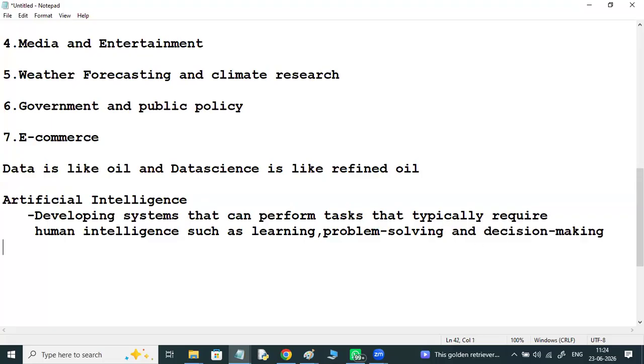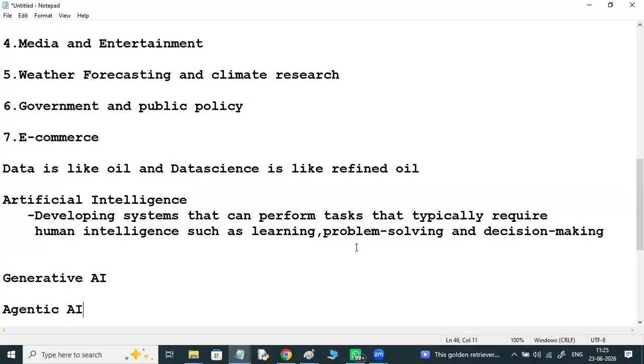So if I talk about generative AI and agentic AI, in a simple way, generative AI is a subset of AI.